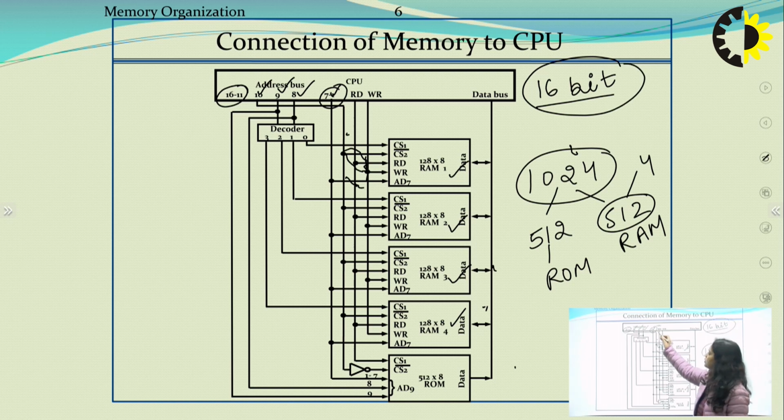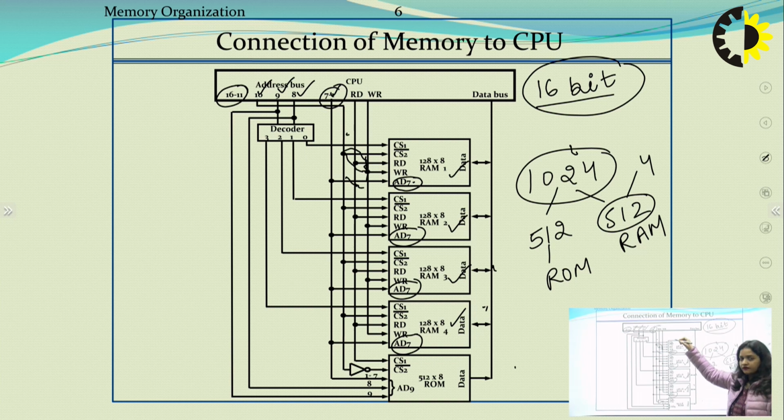Bits 1 to 7 are connected to the address 7 lines of RAM 1, RAM 2, RAM 3 and RAM 4. And from bits 1 to 7, we get an address of 7 bits. That will be either an address of RAM number 1, RAM number 2, RAM number 3 or RAM number 4. How can we know about that address?